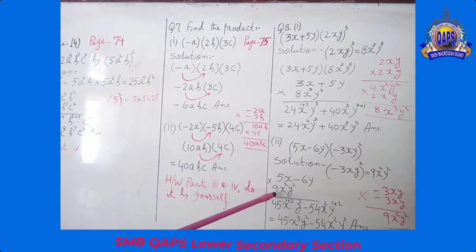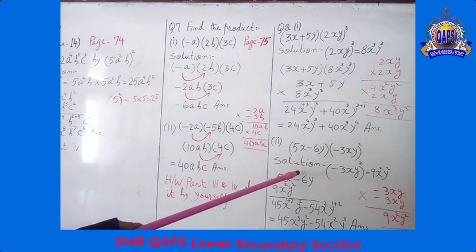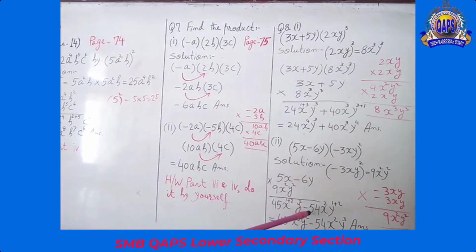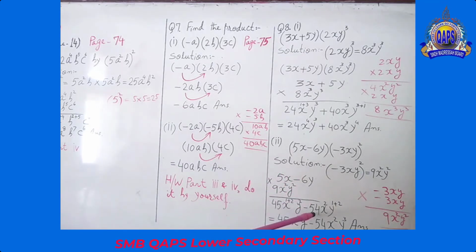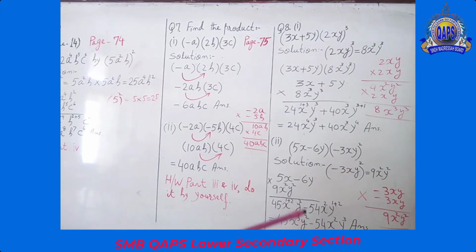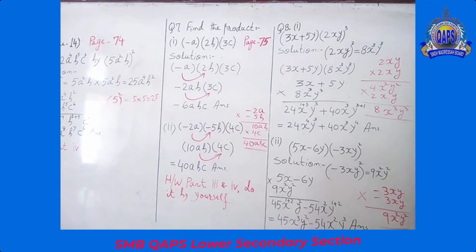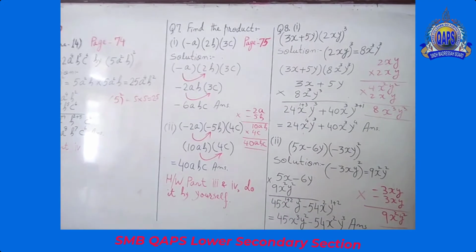Understand what I told you? This is plus, this is minus. The multiplication of plus into minus will be minus. 9 6s are 54. X power 2, y power 2 plus 1 or 1 plus 2, that's 3. Answer will be 45 x power 3 y2 minus 54 x power 2 y3. Answer.